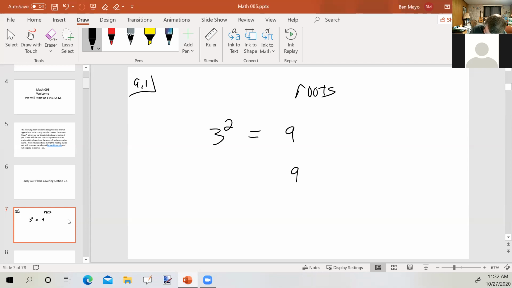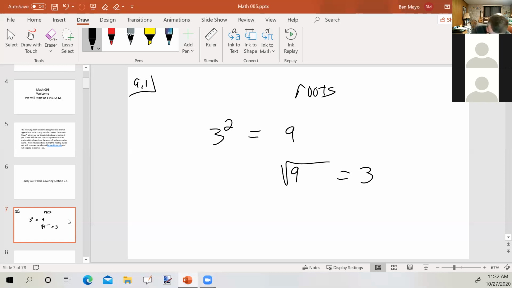So if I want to take its square root, I'm saying let's go back to the number we squared, which would be 3. Does that make any sense? Yes. Squaring it, we're raising it to a power. Unsquaring it, we're taking the square root of it. We're going back to where we came from. Like addition and subtraction are inverse operations, multiplication and division, inverse operations, exponents and roots, inverse operations.